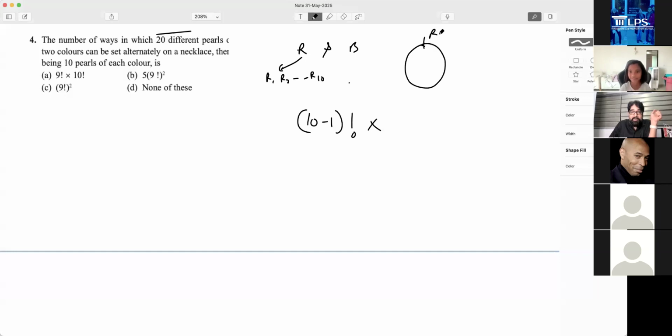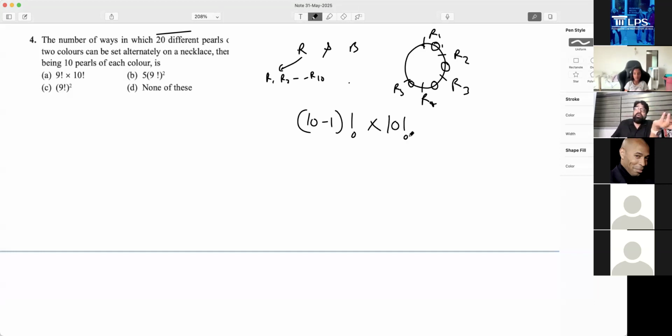If you put R1 here, R2 here, R3 here, R4 here, listen carefully everybody, R5 here, the blue will come here, here, here. So the blue places are numbered. The first place is between R1 and R2. Whenever there is marking, the place can be located, so that becomes a row arrangement. So there are 10 places for the blue, so that will be 10 factorial.